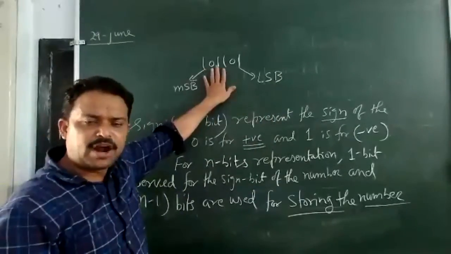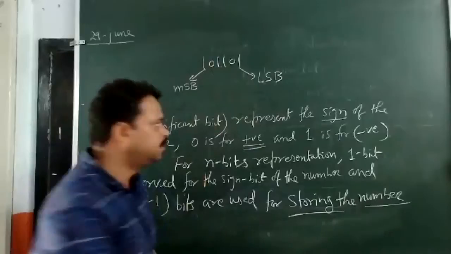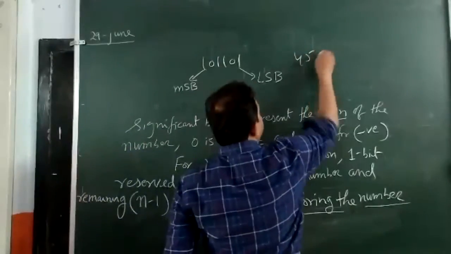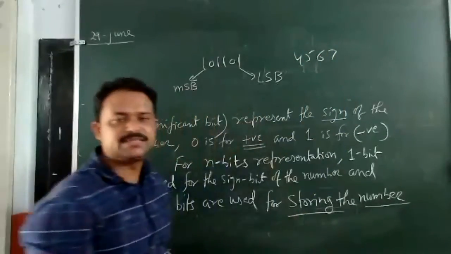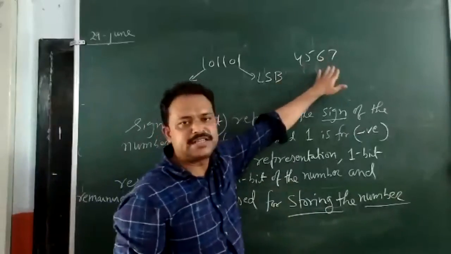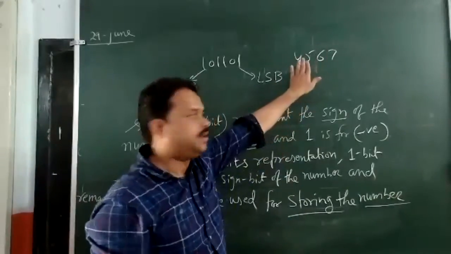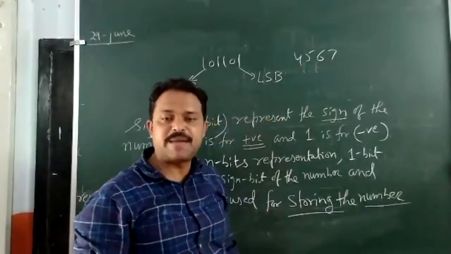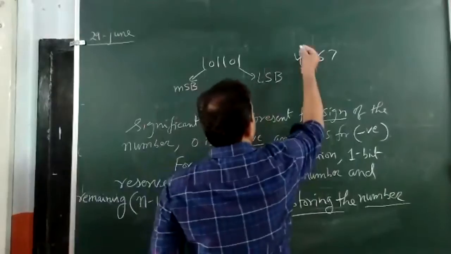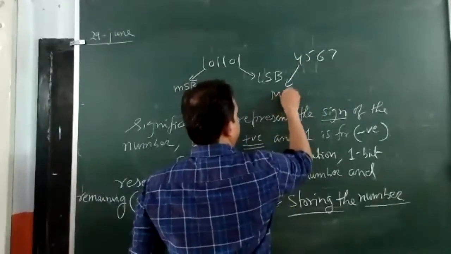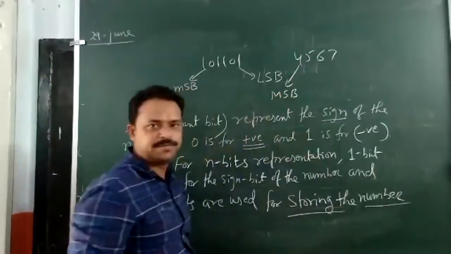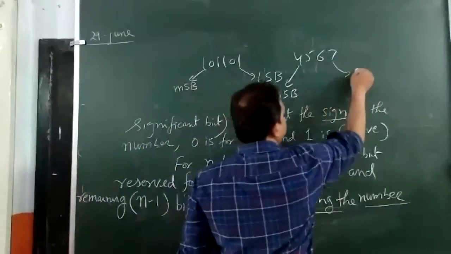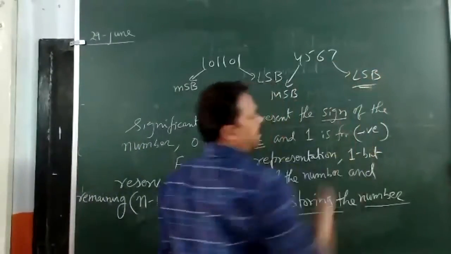Not only in binary numbers. Suppose 4, 5, 6, 7. This is a decimal number, 4,567. Can you tell me in this number which one is MSB? Sir, 4 is MSB and 7 is LSB.